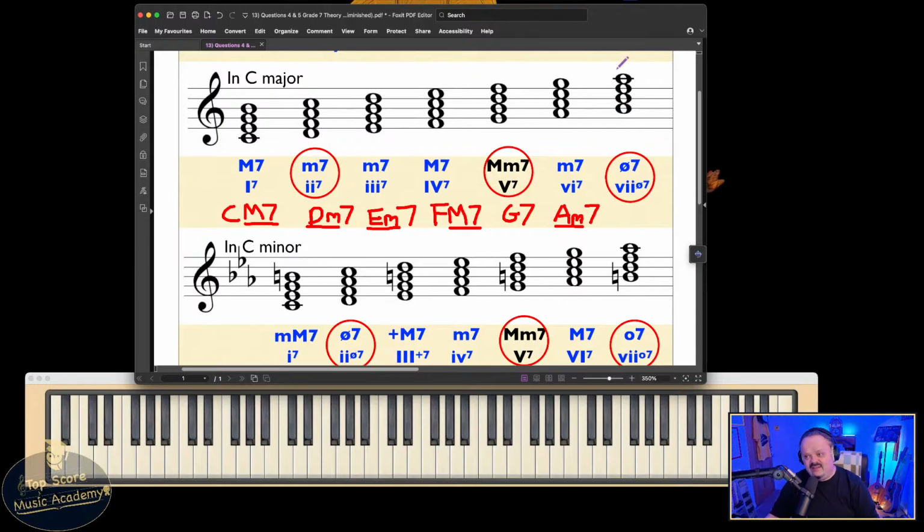And this is your B half diminished 7th chord. The way that'd be useful to write that is with a small symbol like that, but sometimes you see it written as B flat 5, with a 7th. It's not very useful, flat 5.